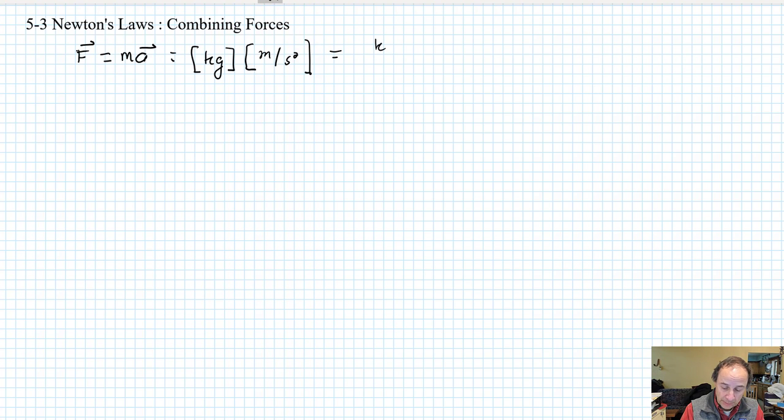So we have kilograms, meters per second squared, and this is defined as a Newton. So that is the base SI unit of force. In terms of weight, a Newton is about the weight of an apple, about a quarter of a pound, just to give you a sense of that.